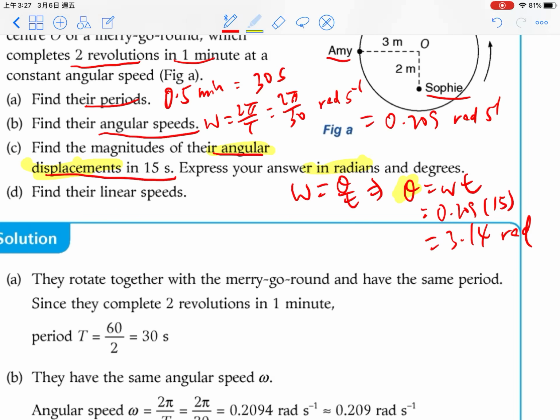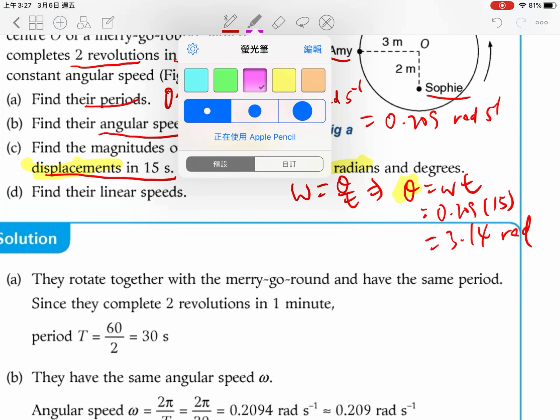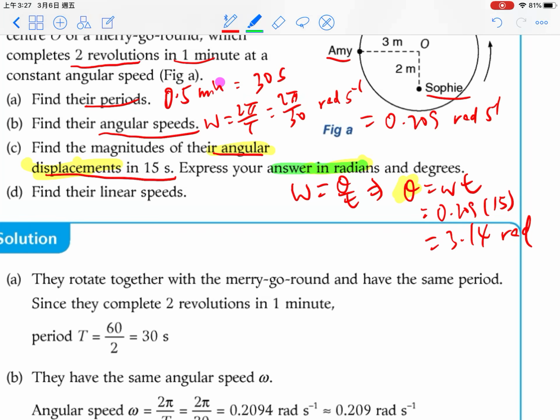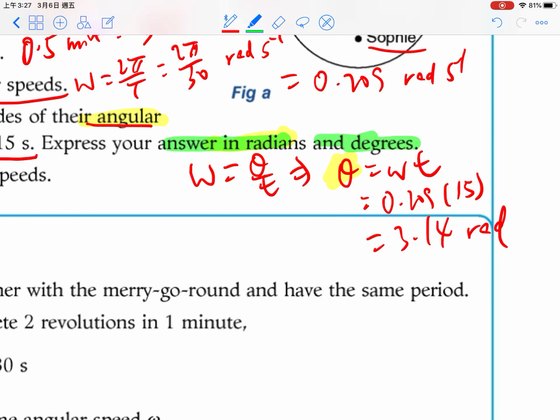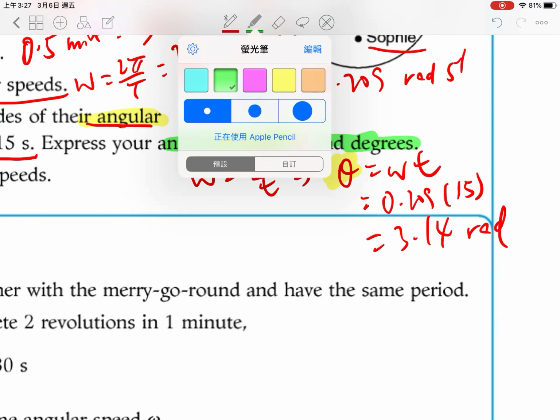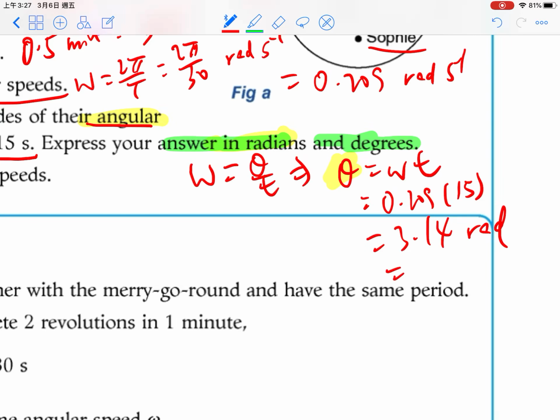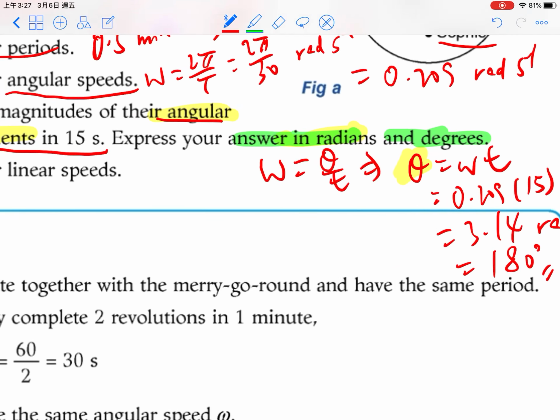Express your answer in radian and in degree. Okay, so pi, what is the angle in degree? Pi will be equal to 180 degrees. Okay, as we know, 2 pi means 360 degrees.